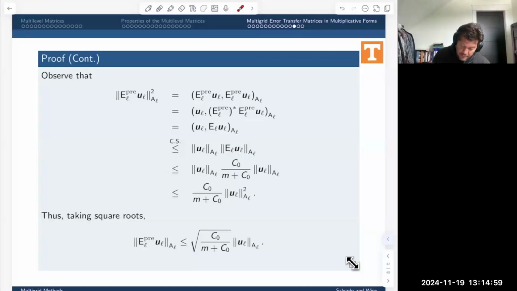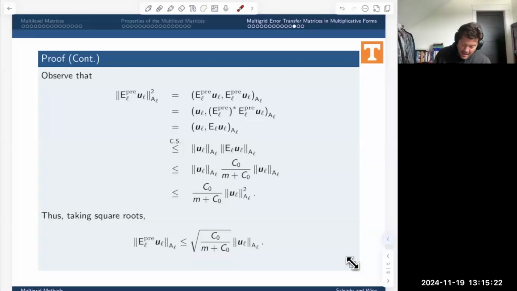This, of course, we proved was less than this value here. So we can multiply this times that and get the norm squared. But look, we started out with the norm squared and we end up with the norm of UL squared. Now all we have to do is take the square root of both sides. So we take the square root and we get this object here.